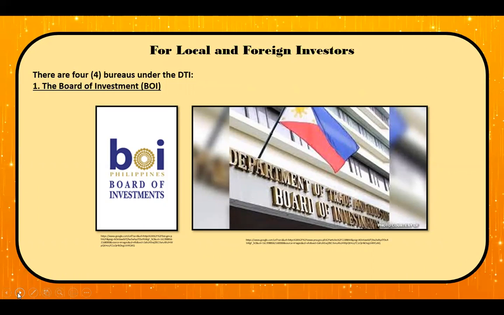Here, they may request assistance from representatives of the following agencies. So we have the Central Bank, Securities and Exchange Commission, the Bureau of Immigration, the Bureau of Customs, Export Processing Zone Authority, Department of Tourism, Garments and Textile Export Board, Department of Labor and Employment, and Bonded Export Marketing Board.